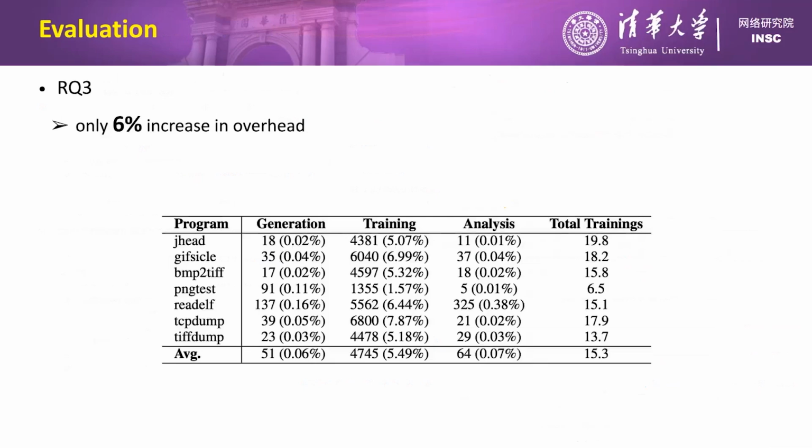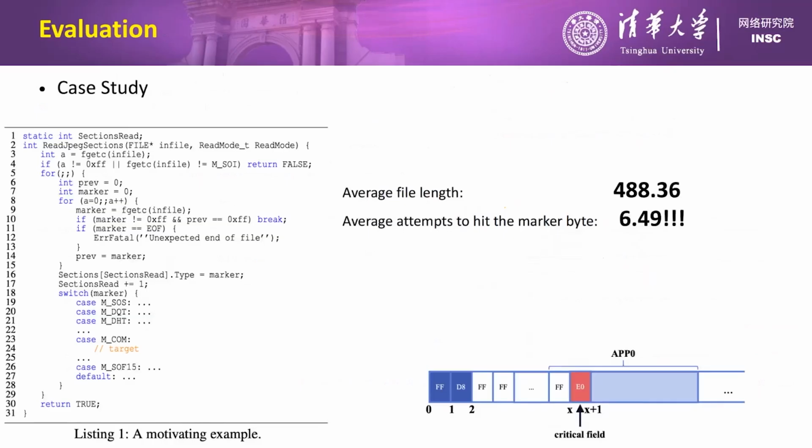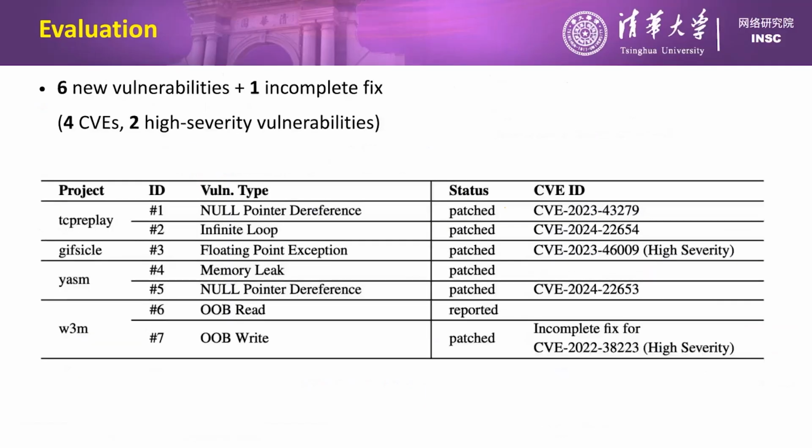And we only observe a 6% increase in runtime overhead, even though IDFuzz involves neural network model training. For the example we mentioned earlier, considering an average file length of nearly 500, we only need 6 attempts to successfully locate the marker byte to mutate, which can save a huge amount of fruitless mutations.